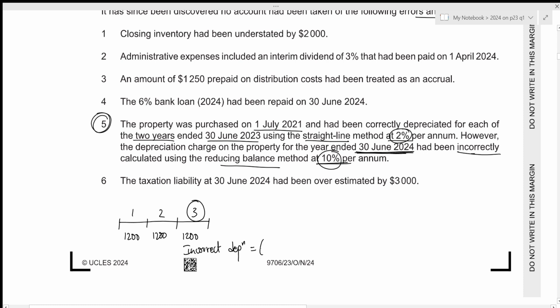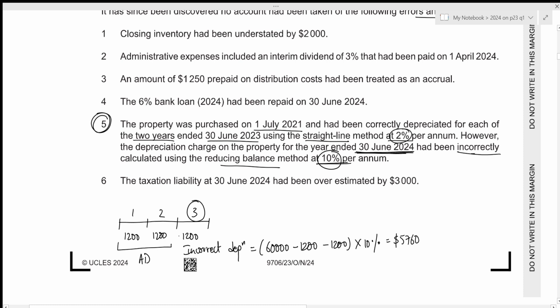So in order to implement the reducing balance method, the first thing we need is our net book value. And in this case, the depreciation charge for years 1 and 2 will act as our accumulated depreciation. The cost was given to be 60,000 minus 1,200 minus 1,200. This will give us the net book value times 10%. This gives the incorrect depreciation for the year to be 5,760.